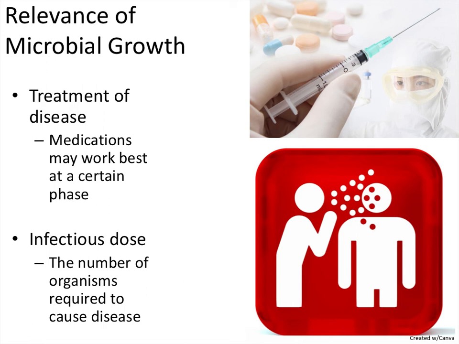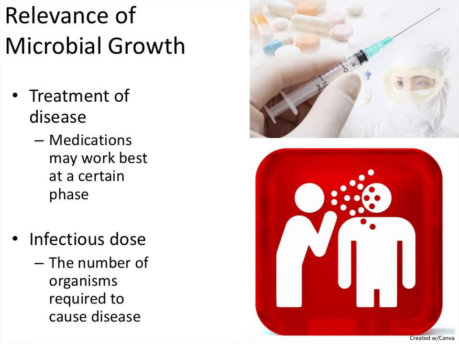In certain cases, when we are dealing with a patient or a person who has an infection by a bacterium, it can be very helpful to understand what phase of growth those microbes might be in, because oftentimes antibiotics, or the medications we use to treat bacterial infections, work better when the organisms are in the log phase.